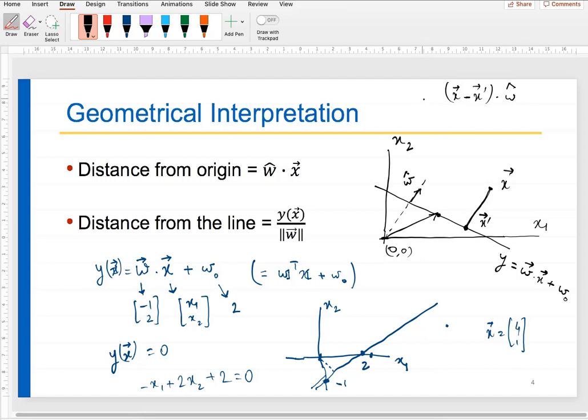And now you know that x dash vector dot w hat, or dot w vector plus w naught, is equal to 0, because this point lies on this line, right? So this means x dash vector dot w hat is equal to minus w naught upon the norm of w, right?